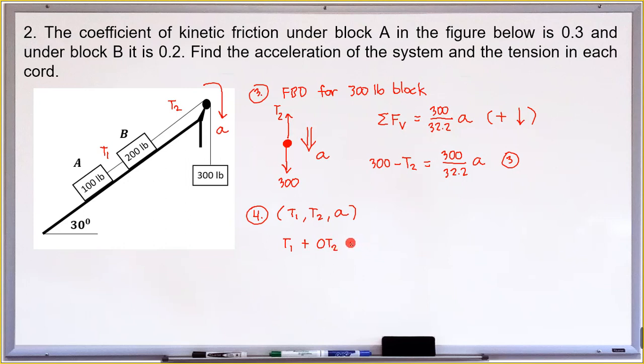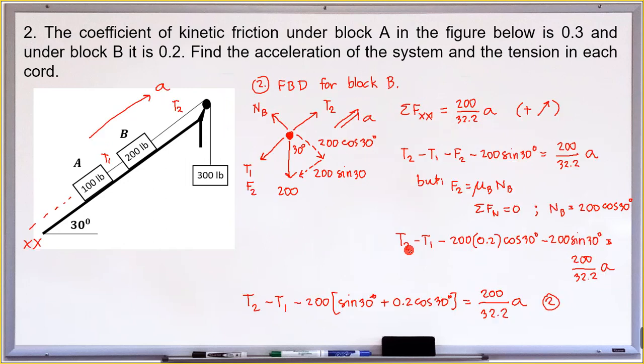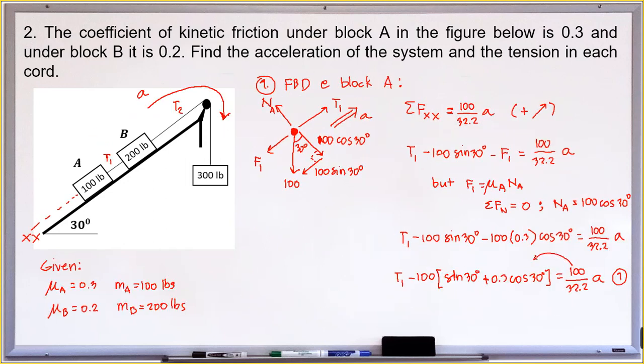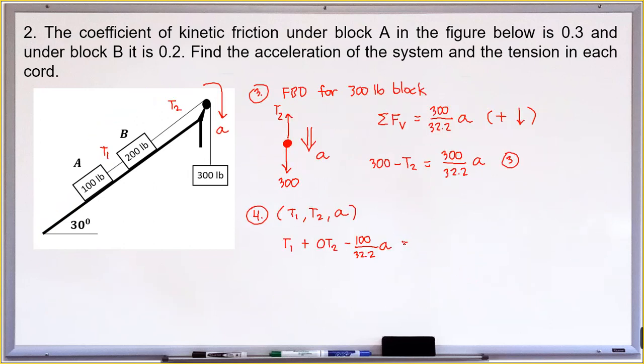For acceleration, we transpose it, so minus 100 over 32.2 times acceleration. The constant is transposed to the other side, so that is equal to 100 times sine 30 degrees plus 0.3 cosine 30 degrees. So this is our equation 1, modified.